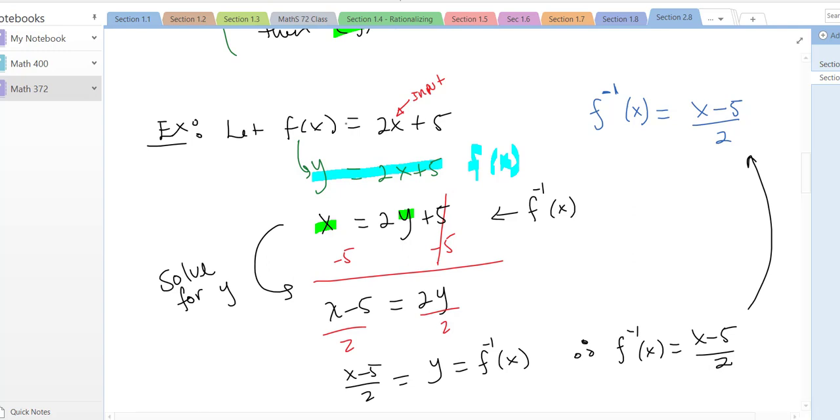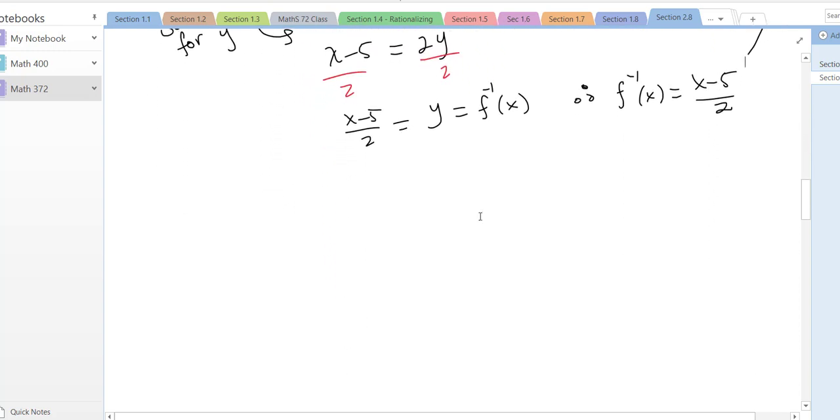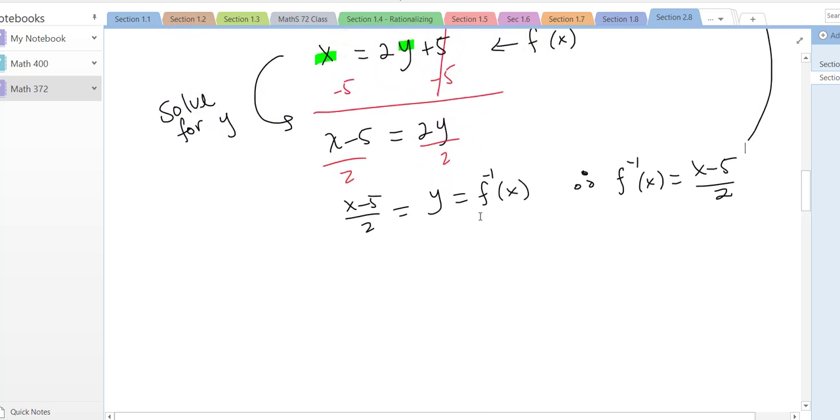The last thing you did was add 5, so we're going to subtract 5. So we take the input, subtract 5, and then divide by 2, because that's the opposite of multiplying. With linear functions, it just works out really nicely to just do the reverse. But as our functions get more complicated, that's not going to work so nicely.